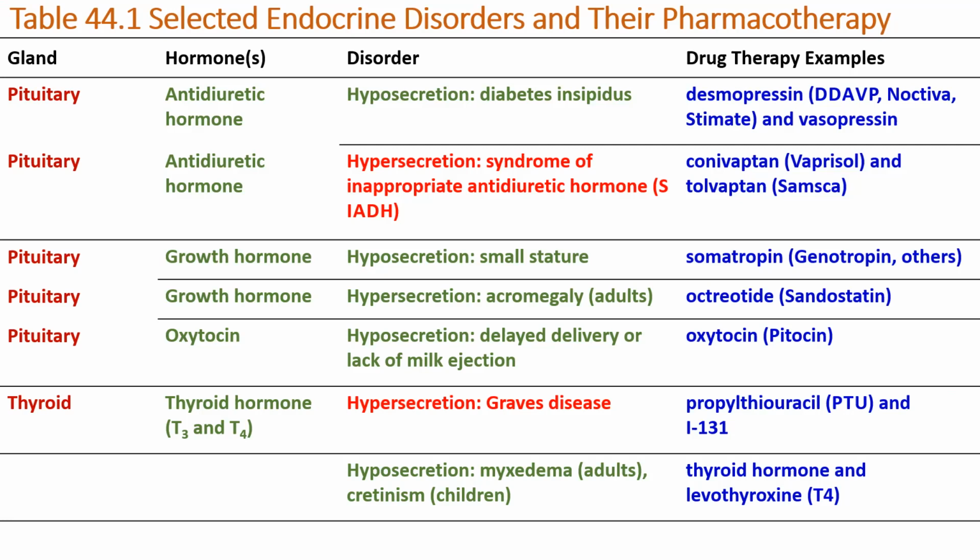Desmopressin or vasopressin, which is a synthetic form of the ADH hormone, is used when there is a hyposecretion from the posterior lobe of the P gland. That will result in diabetes insipidus. So these patients would receive desmopressin or vasopressin as a synthetic ADH hormone as a treatment.